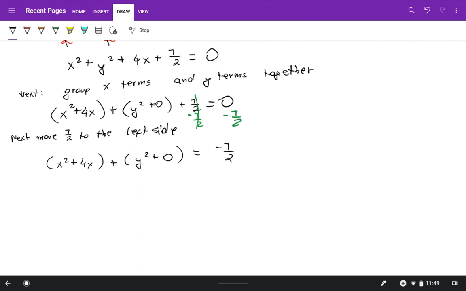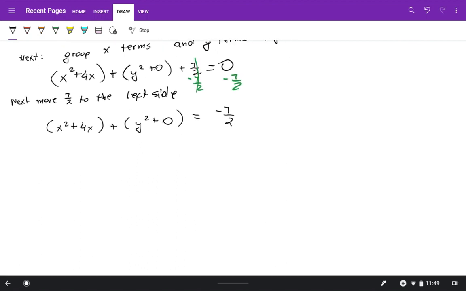Next, I'm going to use the shortcut. We calculate b over 2 from each group. 4 divided by 2 is 2. And from the second group, since there's nothing with y, 0 divided by 2 is 0.